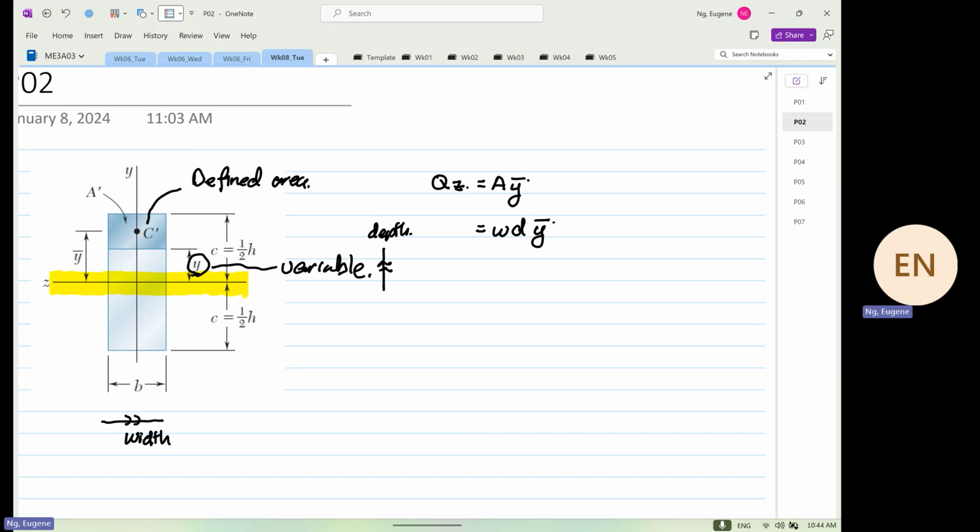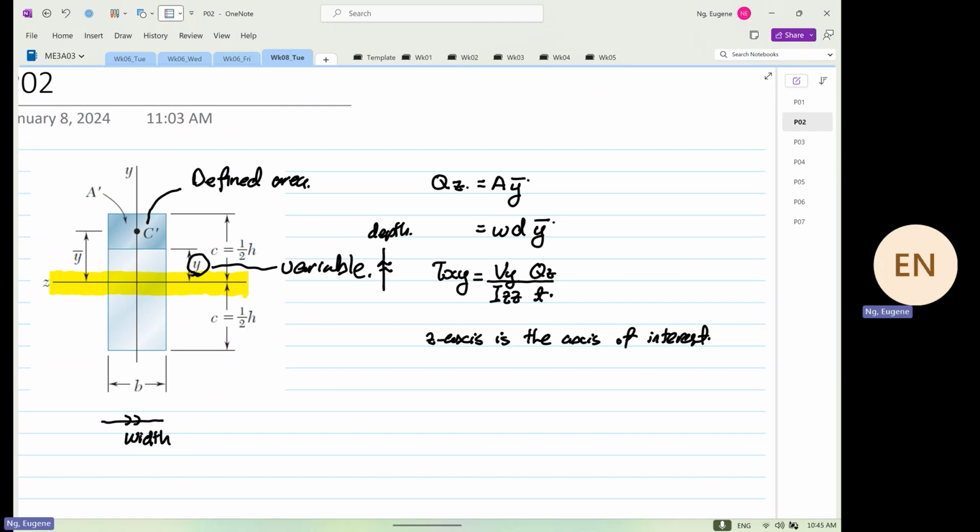If we go back to the formula, shear xy is equal to Vy over Izz, Qz divided by t. Izz is the axis of interest. I repeat again, the z-axis is the axis of interest.